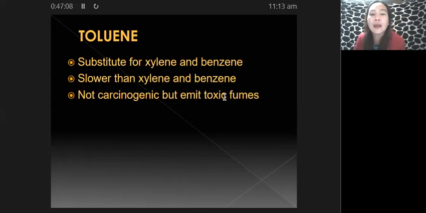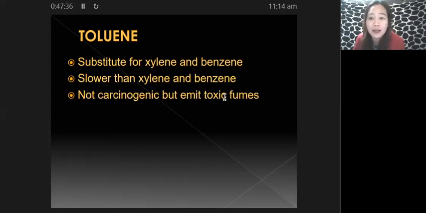Apart from that, take note that your toluene is actually preferred for the processing of brain samples, an example of your nervous tissue sample. Can we use xylene for your brain sample? No. Why? Because it will be over-hardened. It will be excessively hardened.